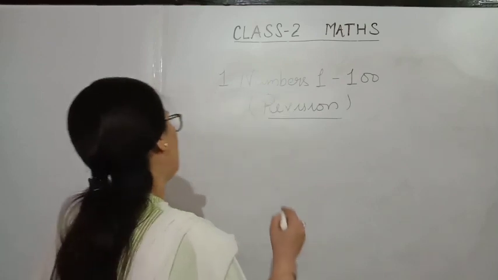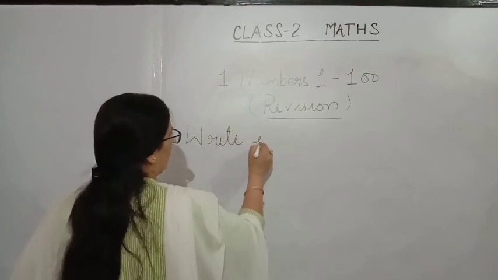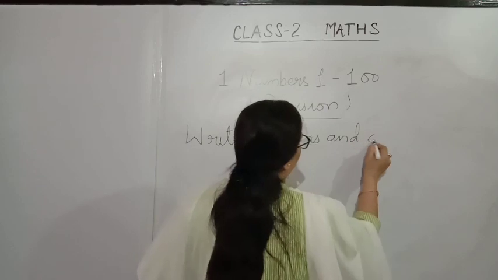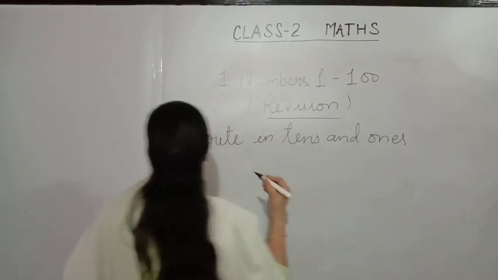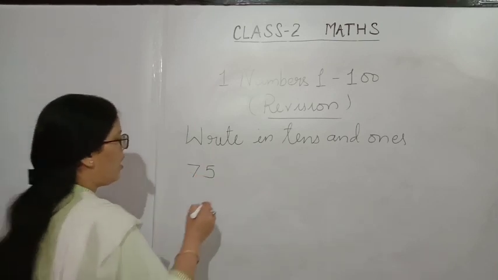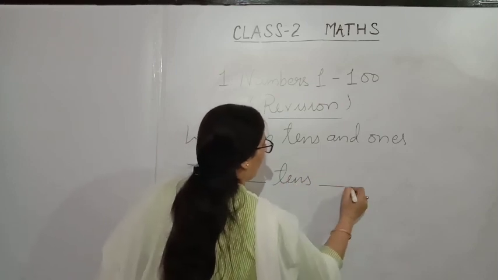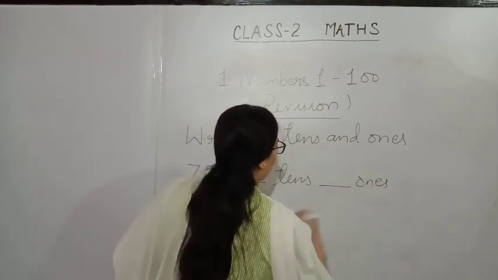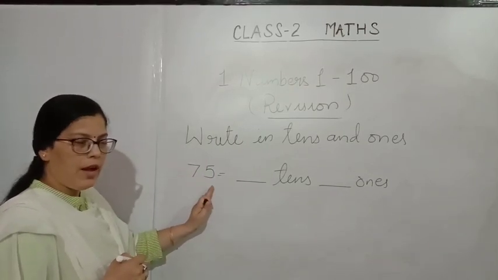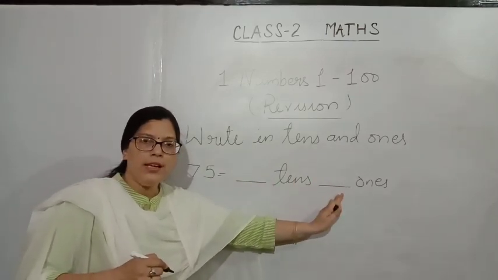Now you have to write numbers in tens and ones. I'm giving you this number, 75. Now you have to write this number in tens and ones. Which number will we write at tens place and which at ones place?